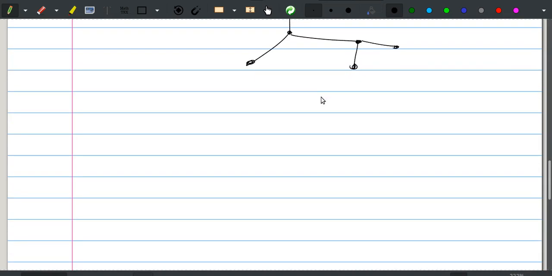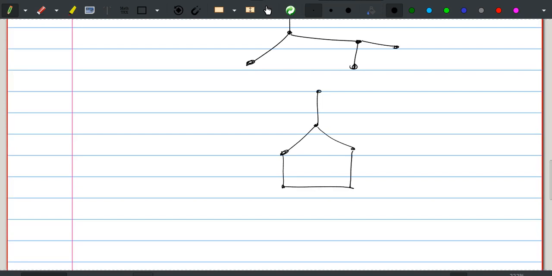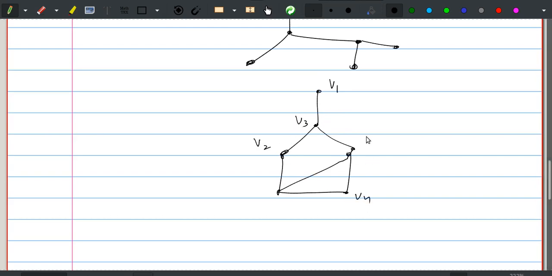So suppose we are given a graph, so this is the graph G having these vertices v1, v2, v3, v4, v5 and v6.